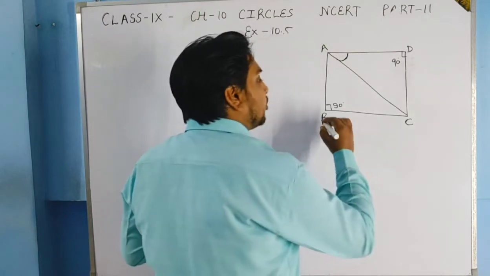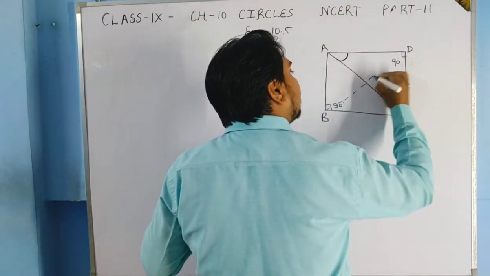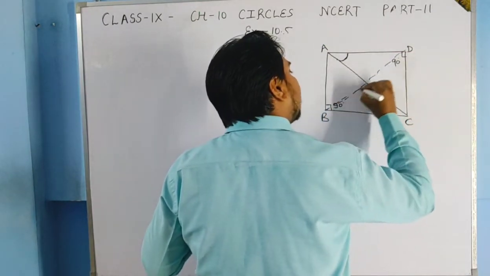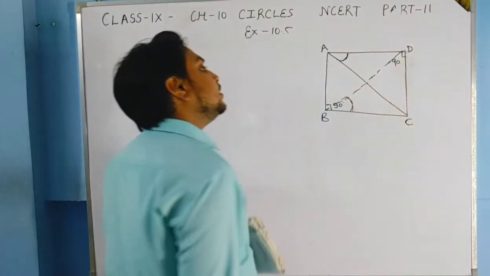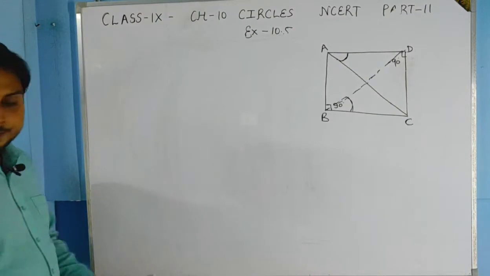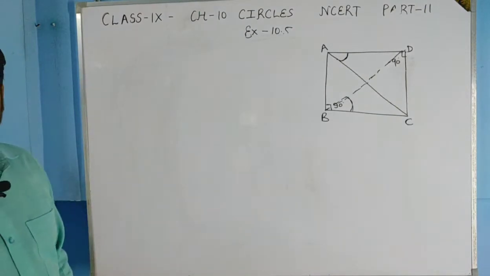Means you have to draw a line here, and you have to show that this angle and this angle are equal. Okay, so how will you show it, students? Let us see.